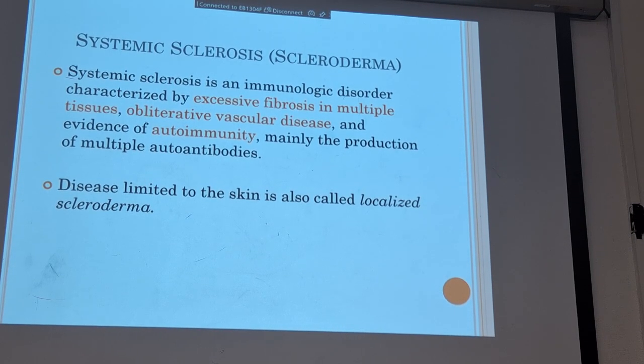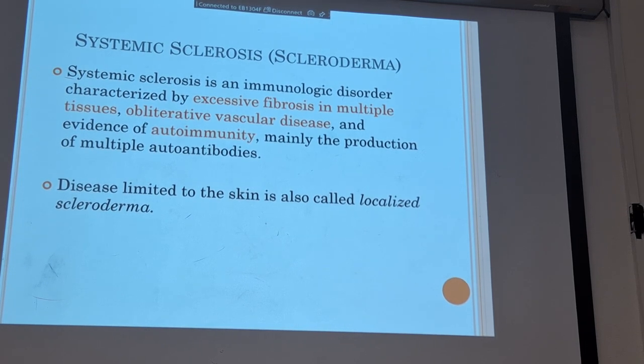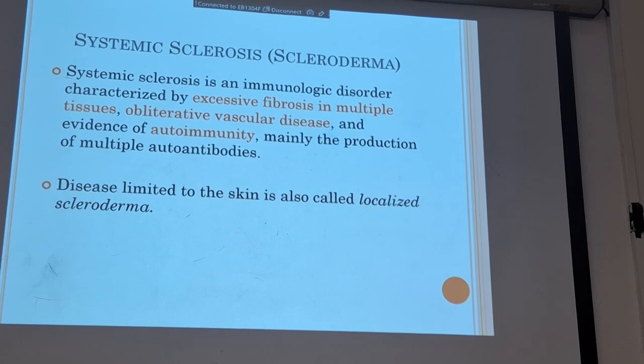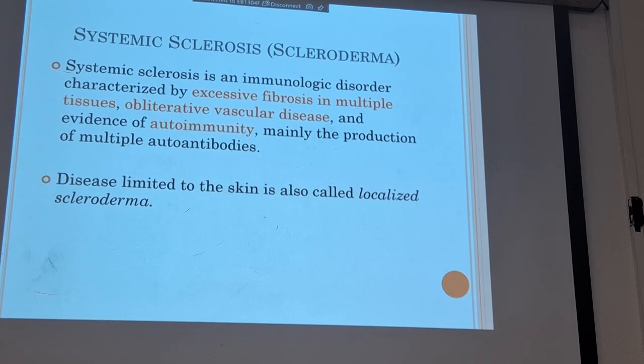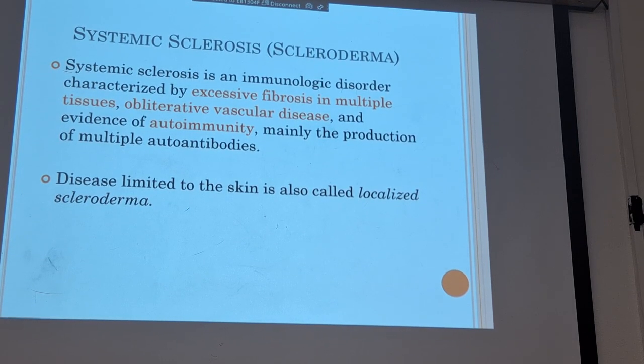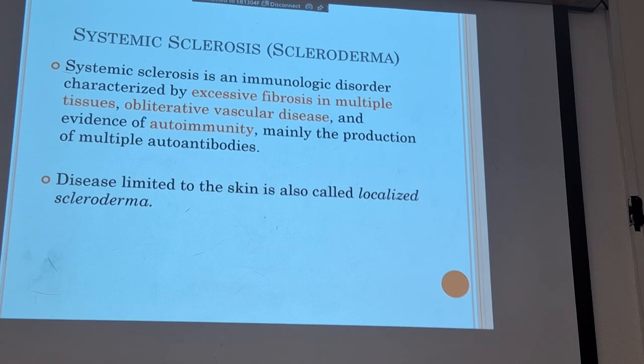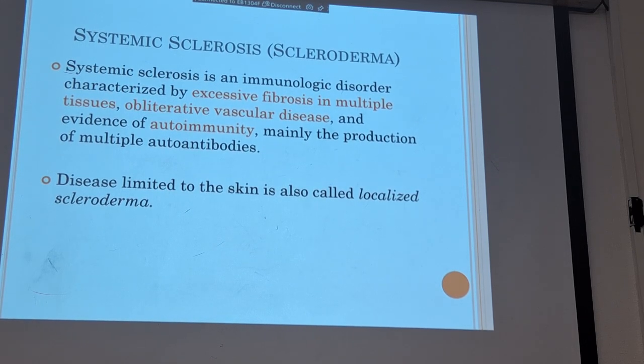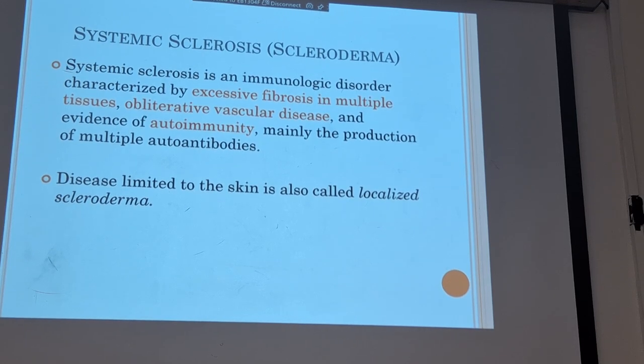We talked about just three of them. We talked about SLE and Sjogren, and now we are going to talk about systemic sclerosis. As you can understand from its name, we have sclerosis in different organs: in the skin, in the lung, in different parts of the body.